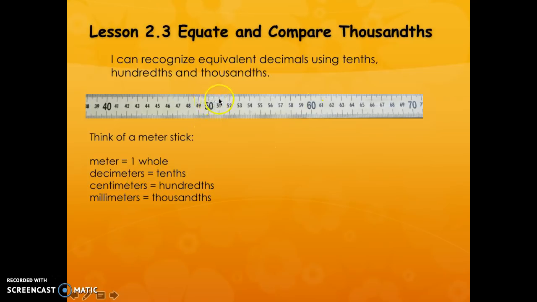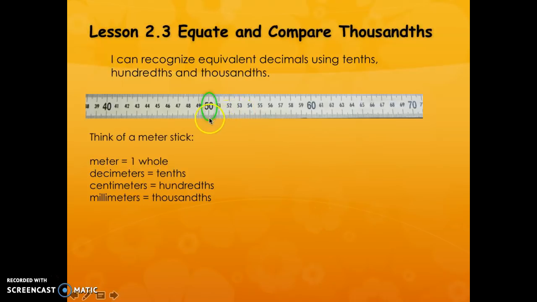Then they are divided into smaller pieces, hundredths. There are 100 centimeters in 1 meter. Those would be hundredths. And then the little tiny lines, if you were to count those all up in 1 meter stick, there would be 1,000 of them. So one of them would be considered a thousandth.